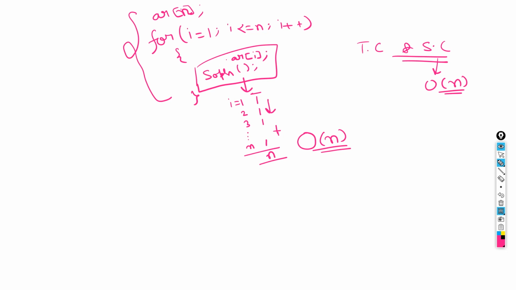Okay, so let's analyze one more code snippet, which is a nested loop. It will be a slight modification of this part. Again, in almost the same scenario, we have a nested j loop after i.